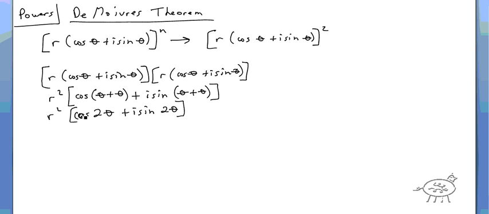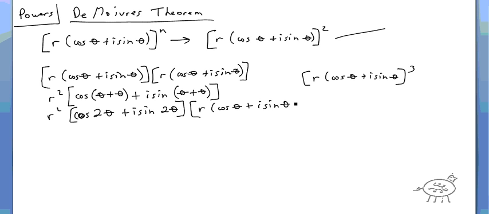Well, let's do cubed now. So if I did r times cosine of theta plus i sine of theta cubed, that just means using this guy right here, which I derived already, and multiplying it by another r times cosine theta plus i sine of theta. Again, we're using the product theorem.